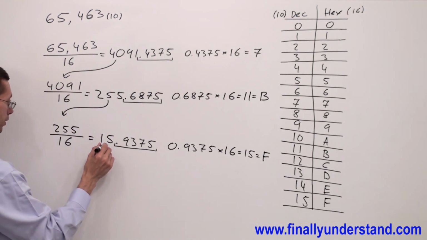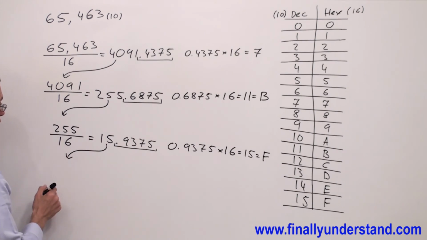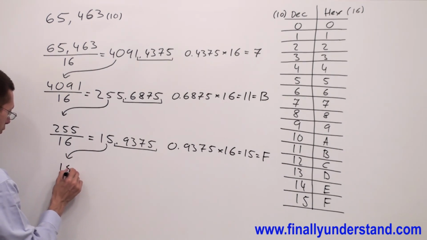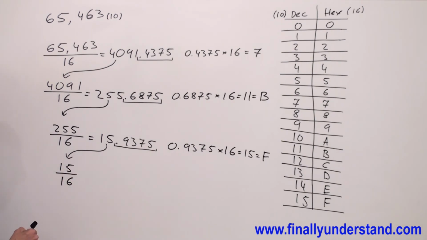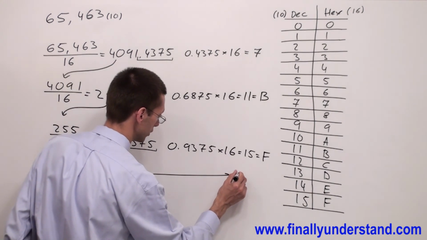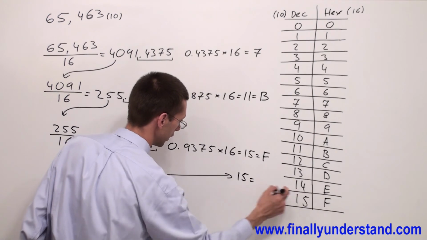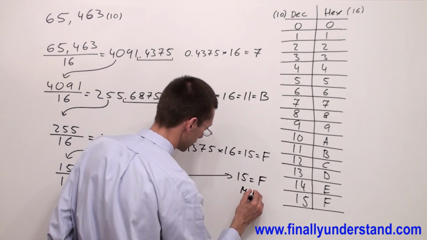Again, we're supposed to copy down the whole part and have 15 over 16. Please notice that the numerator is less than the denominator. That's why we're supposed to copy this number to the side, 15, and again 15 is equal to F. This is my most significant digit.